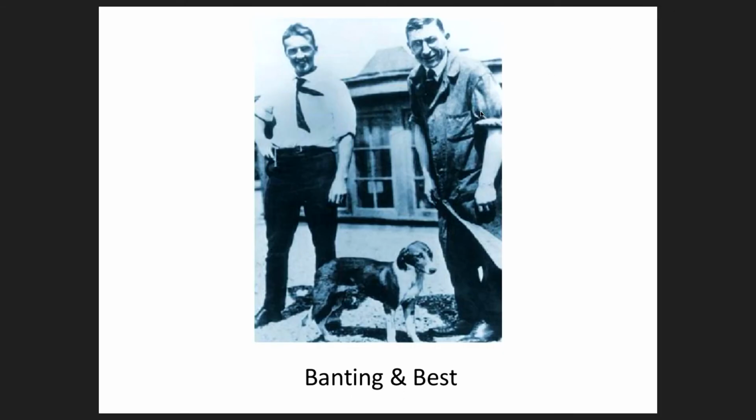There have been plenty of modifications of insulin to better and better chemical formulations, but we still have no other choice to treat patients with type 1 diabetes. This is Professor Banting, and this is his co-worker, his medical student called Best, and this is the dog and the pancreas of the dog.